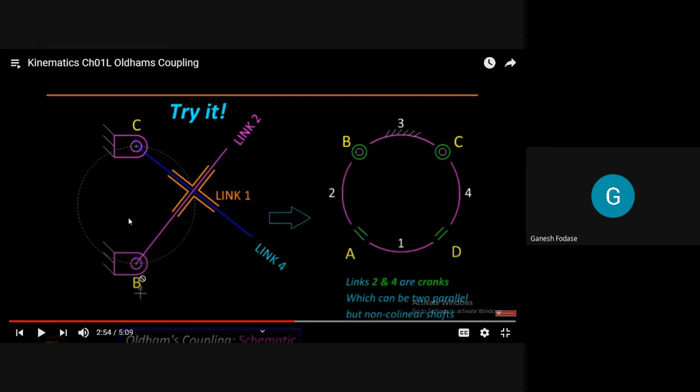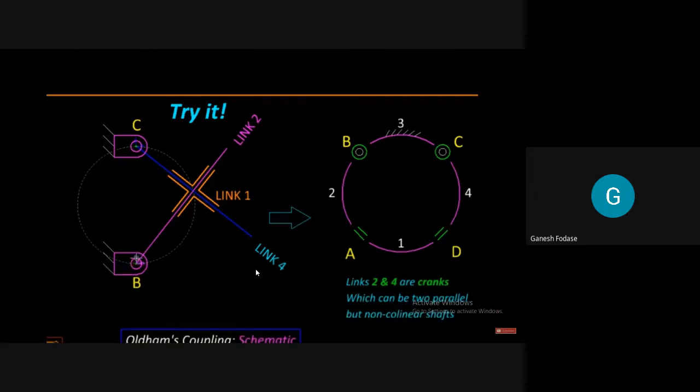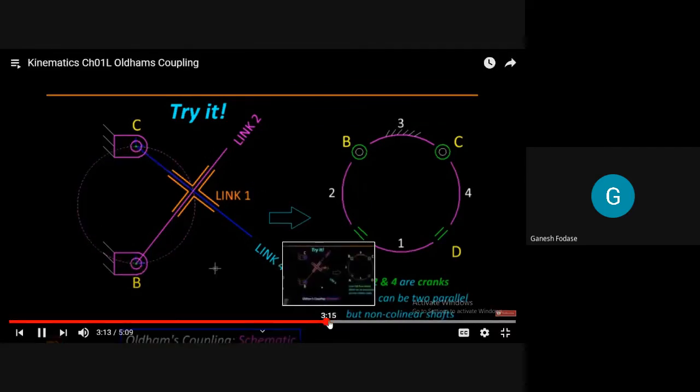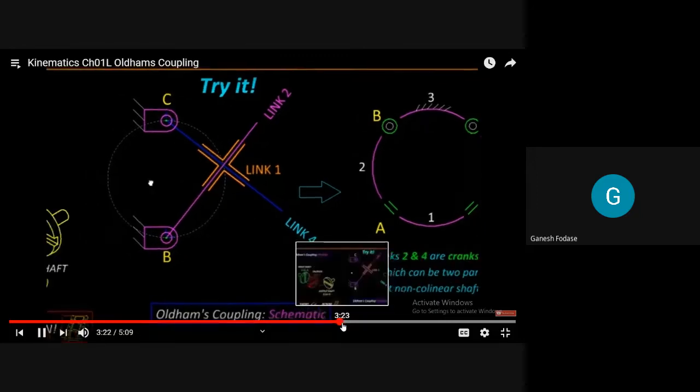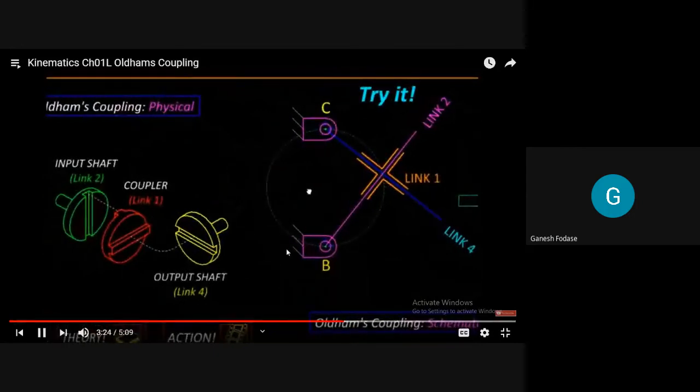Okay, so we'll see its animation now. So this is the application of the second inversion, that is Oldham's coupling.